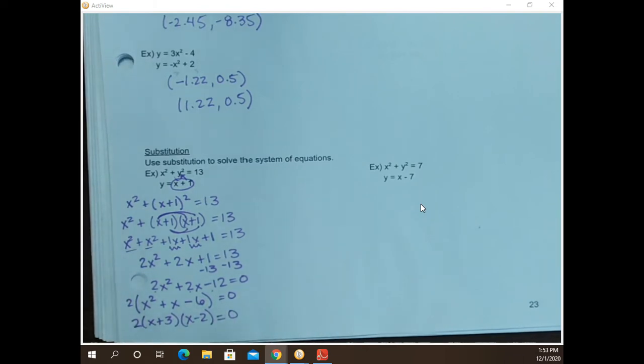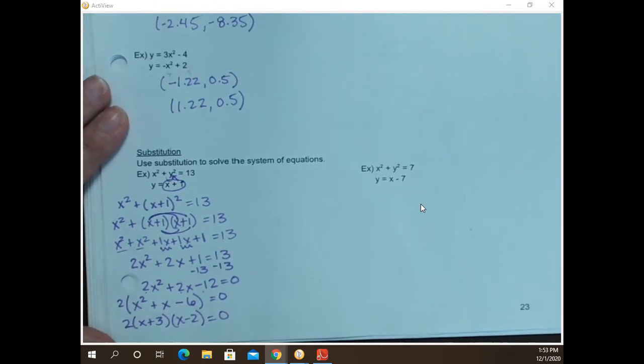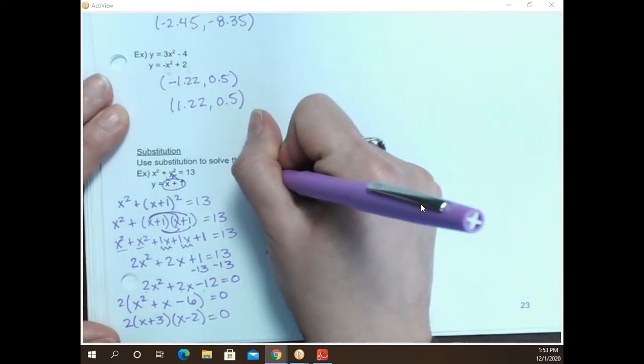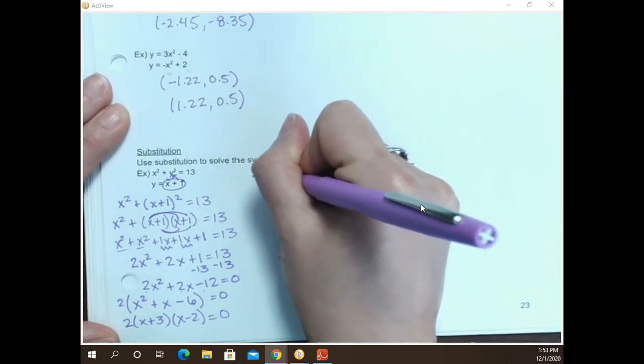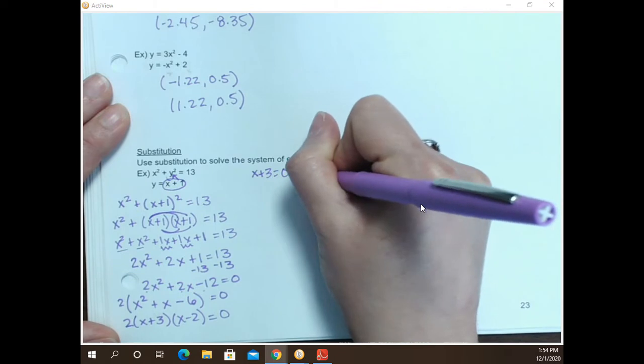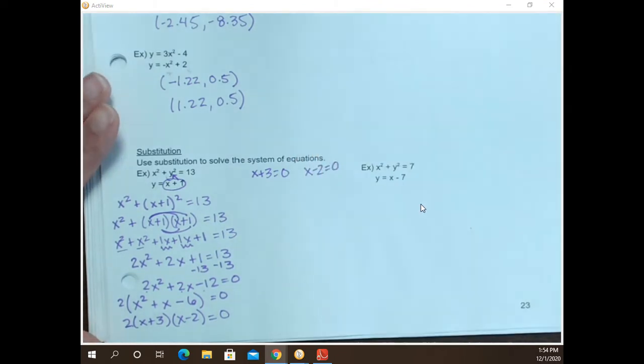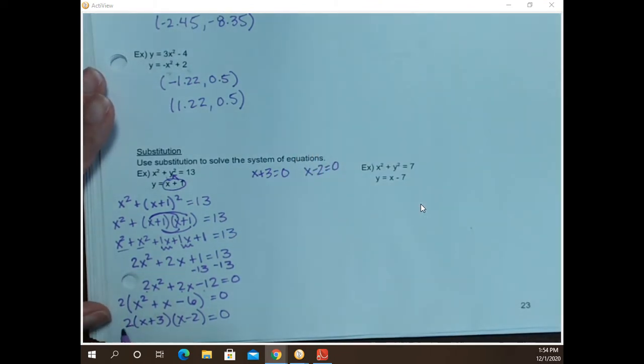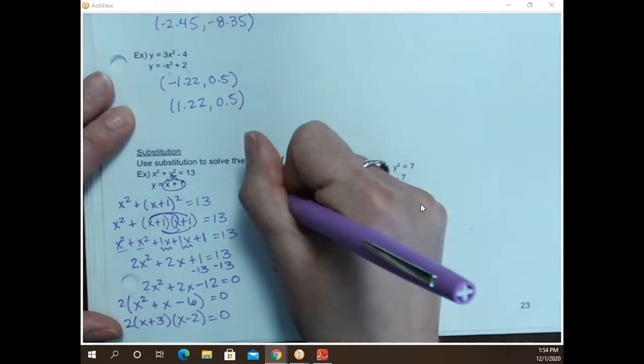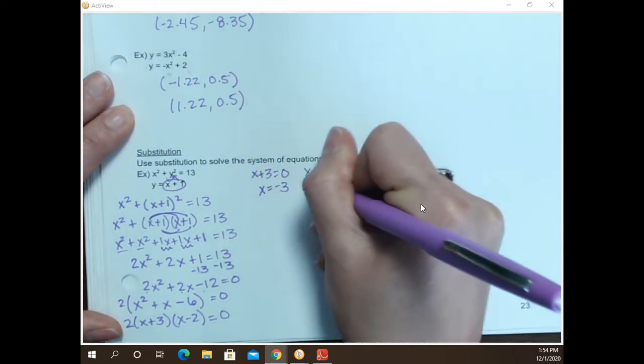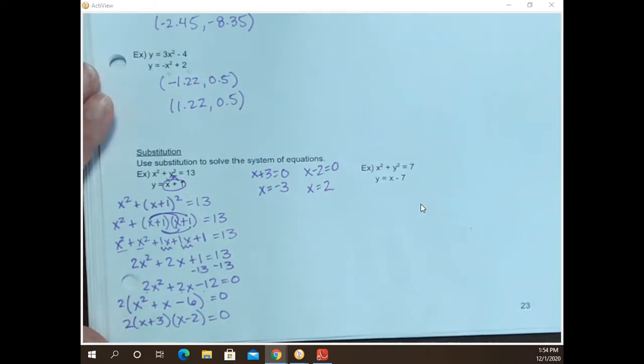From here, I'm going to take each of my factors that includes an x and set it equal to 0 so that I can solve for x. I'm going to do that just up here. So I have x plus 3 equals 0 and x minus 2 equals 0. I don't need to set this guy equal to 0 because it doesn't have an x. And I get x to be negative 3 and positive 2.